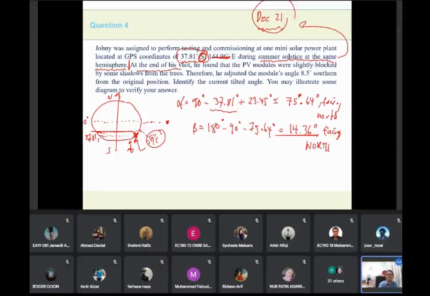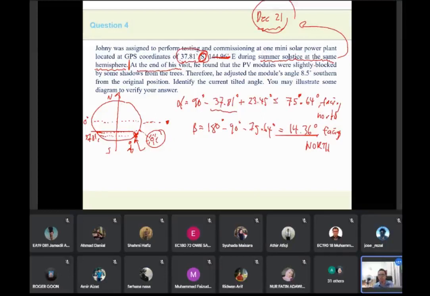Okay. At the end of his visit, macam saya cakap tadi, in term of academic, we assume that. At the end of the visit, he found that the PV modules were slightly blocked by some shadows from the trees.